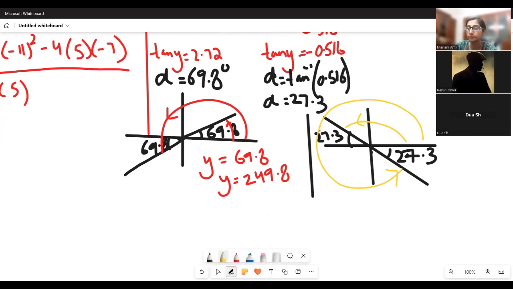So 180 minus 27.3 is 152.7, and 360 minus 27.3 is 332.7.